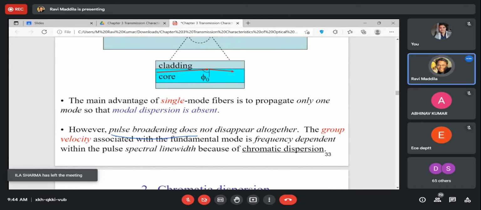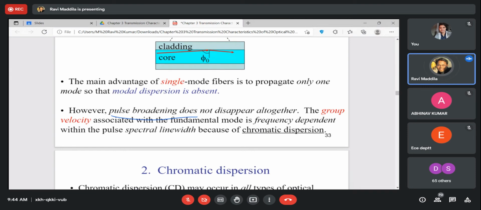We have seen what group velocity is. The optical pulse which is transmitted does not have a single wavelength, but it has a small spread of wavelengths that gives rise to frequency dependence of the fundamental mode. And this frequency dependence causes chromatic dispersion.